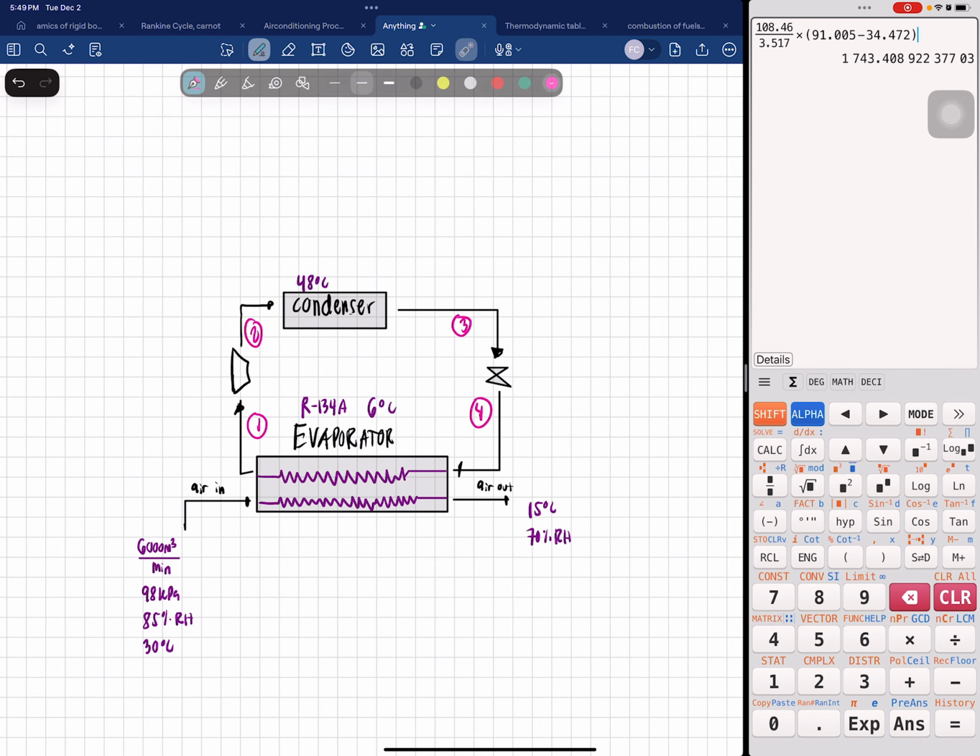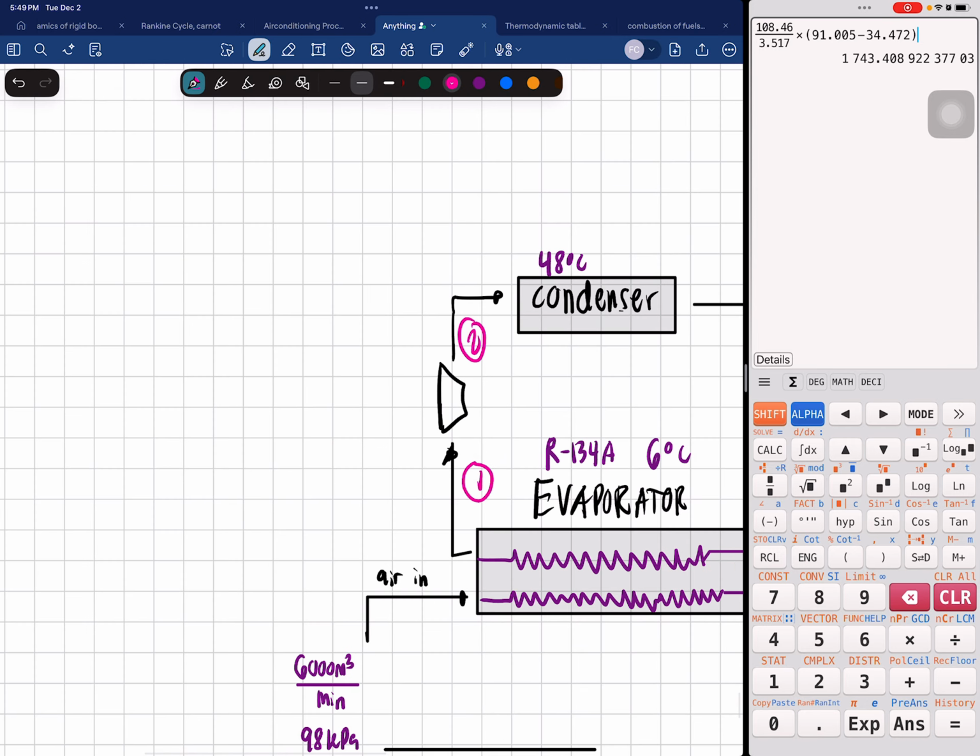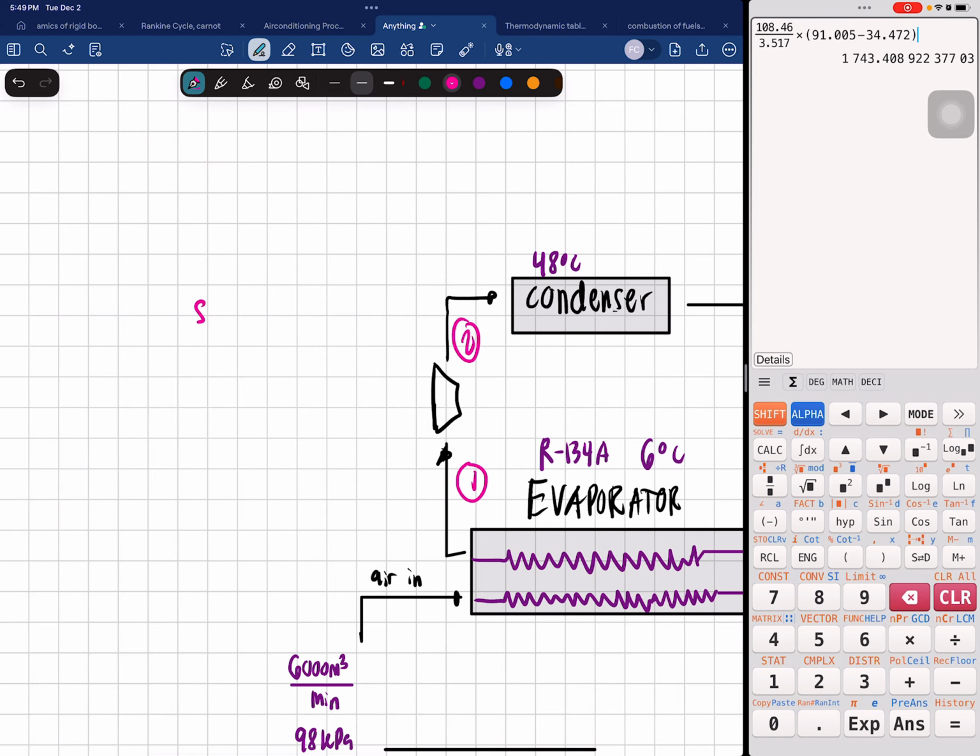What does that mean if it is isentropic? It means that the entropy of the refrigerant going in at 1 is equal to the entropy of the refrigerant going out. Okay? So entropy going in is equal to entropy going out.